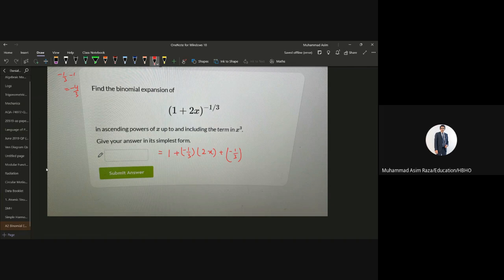So this is n minus 1, written here as negative 4 by 3, and 2x square divided by 2 factorial. Then we have to do n minus 2 as well, and it will become negative 7 by 3. So we will write it down like this: negative 1 over 3 times negative 4 by 3 times negative 7 over 3 times 2x raised to the power of 3 over 3 factorial, like this.